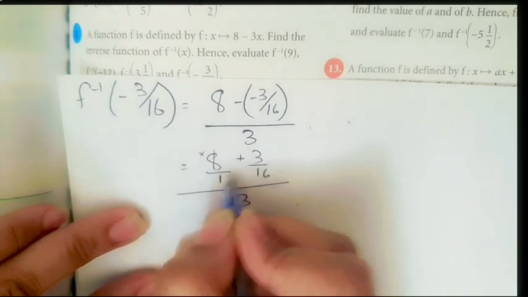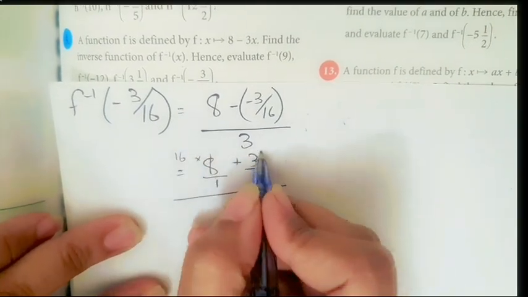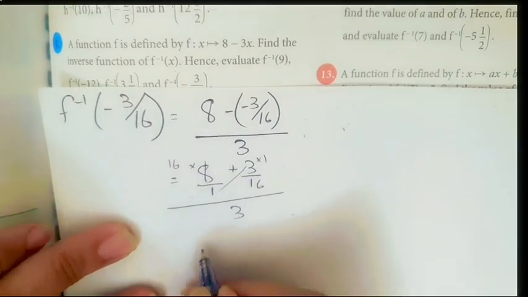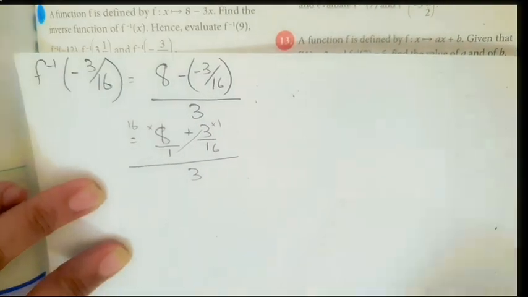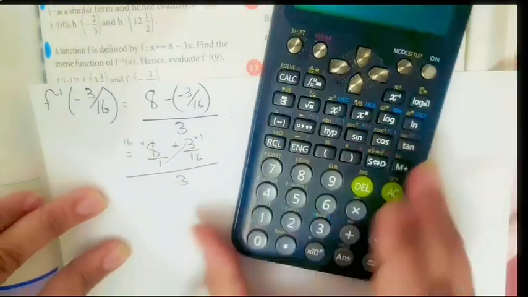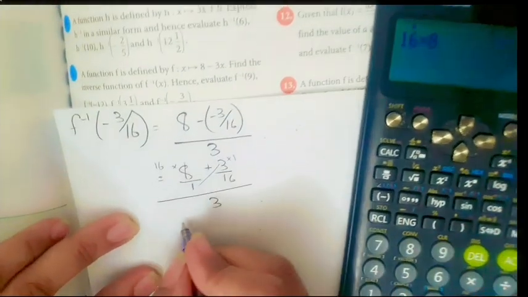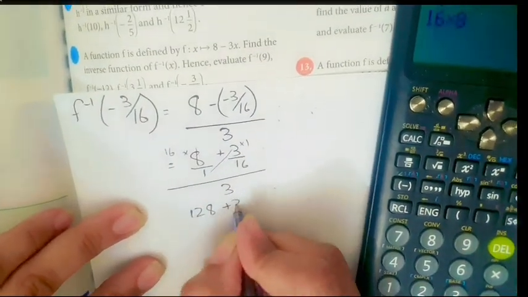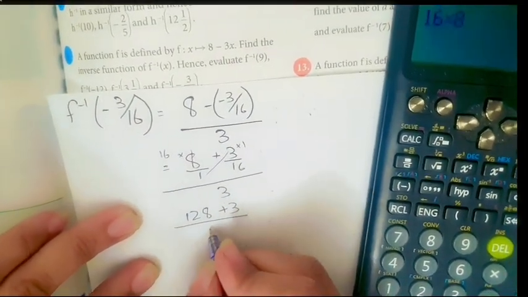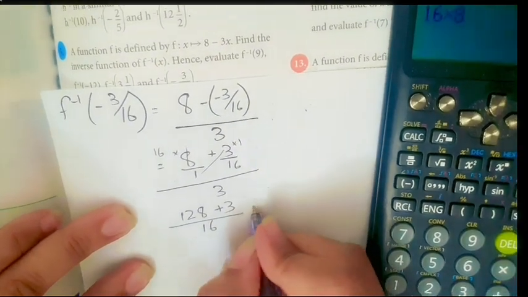Now cross multiply: 16 times 8, you can also do mentally, would be 128, plus 3, upon 16, divided by 3.